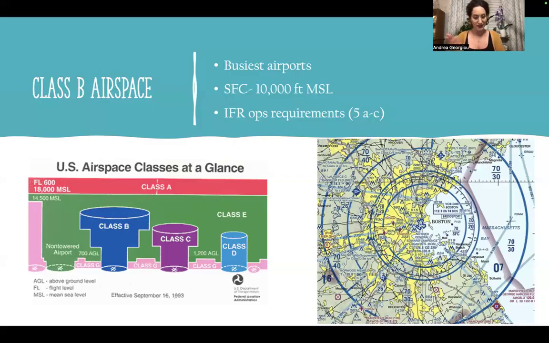If you look at the list here, you can see they're very busy airports. Andrews Air Force Base, Atlanta, which is the busiest airport in the world. Boston, which we have on here. Chicago O'Hare, Dallas Fort Worth, Los Angeles, Miami, Newark, New York, both Kennedy and LaGuardia, Ronald Reagan, and San Francisco. So those require private pilot.